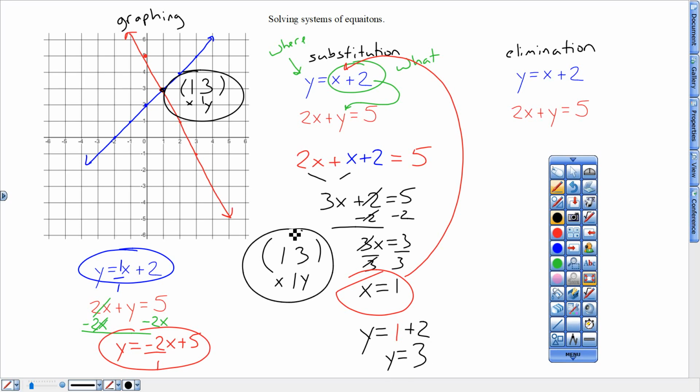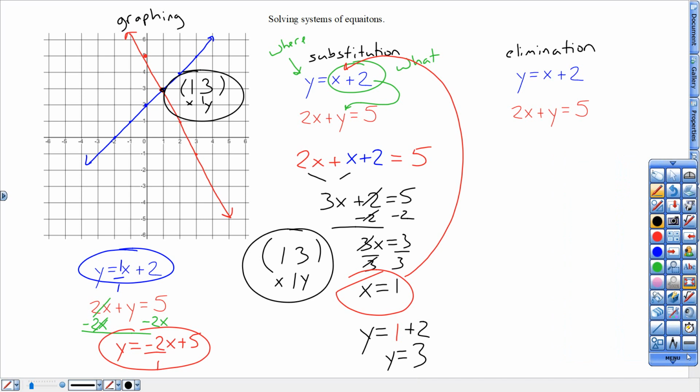Plug it in. Elimination, a little bit different. Elimination, I need to get it in what's called standard form, everything together. So I'm going to take that x away one step, and I'm going to rewrite it. Negative x plus y equals 2. And the other equation is 2x plus y equals 5.